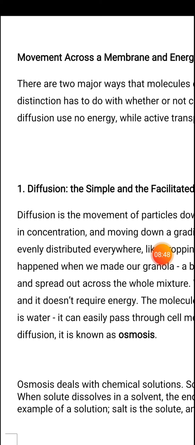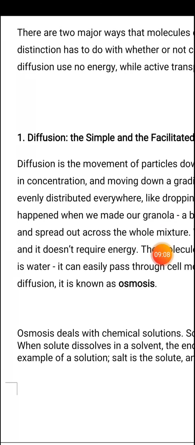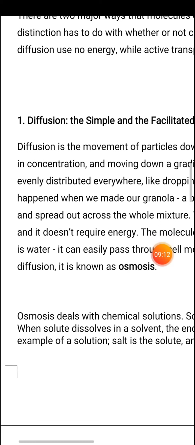If it has to run against a concentration gradient, they use ATP as energy and they will run those cycles. For example, the sodium potassium pump functions by the use of ATP. So here we are going to discuss osmosis.